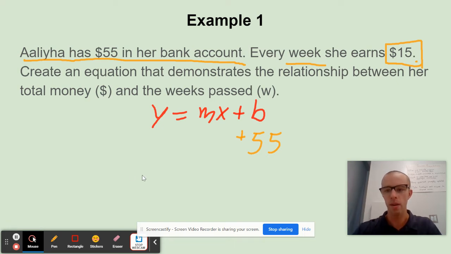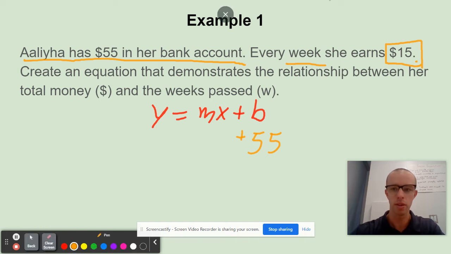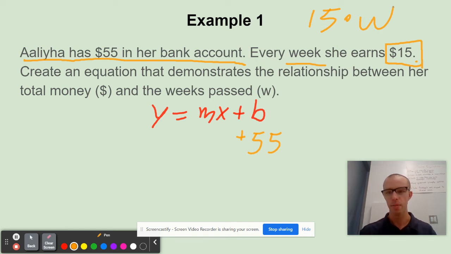So each time you are multiplying 15 times the amount of weeks. So if I know W stands for the amount of weeks, I could write that as 15 times W, right? But we don't need the multiplication sign here because when we have a variable next to a number, or a coefficient, we know that represents multiplication. So I can just write that as 15W.